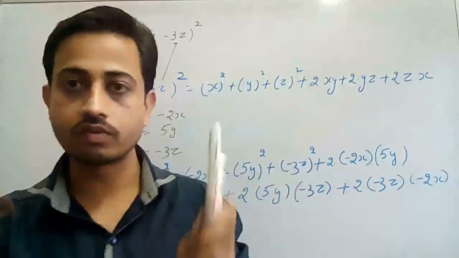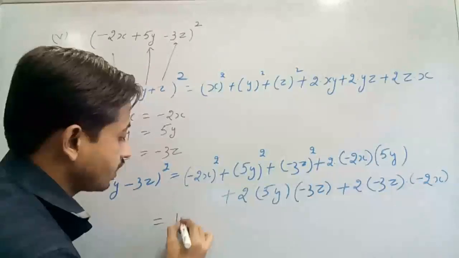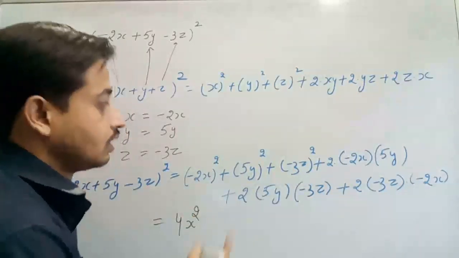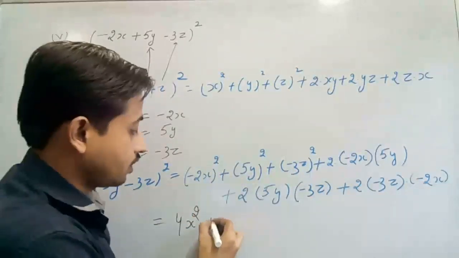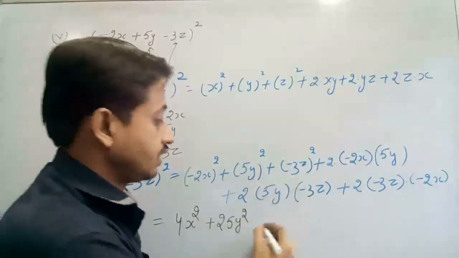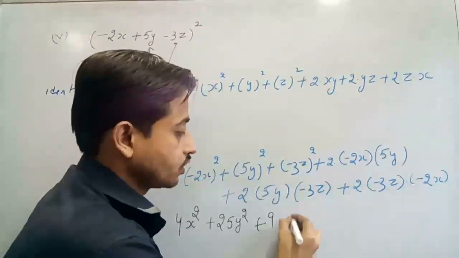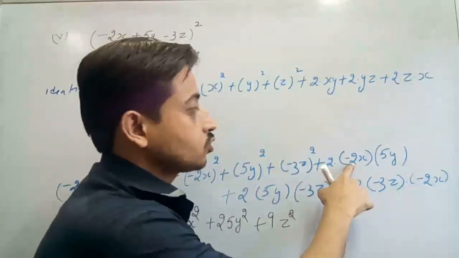Now it becomes very easy. Please make a note. Minus 2 into minus 2 we get 4. 4x square. 5 into 5 we get 25, y square. Minus 3 into minus 3 we get plus 9 z square. 2 into minus 2, minus 4.